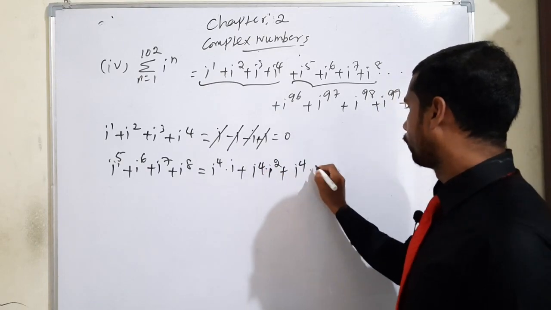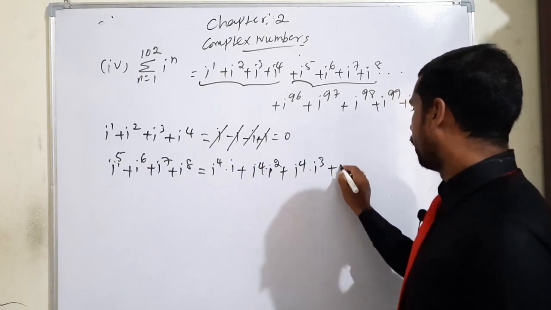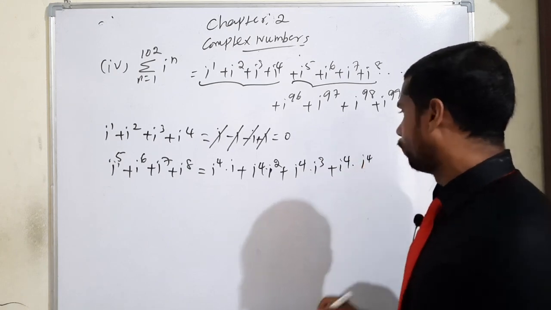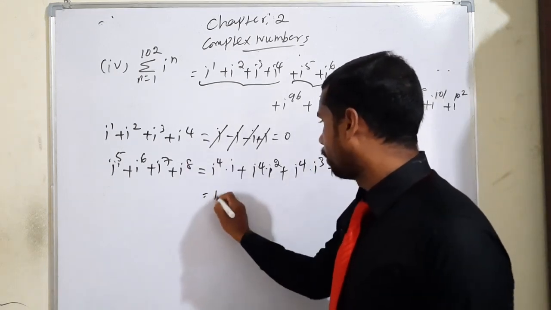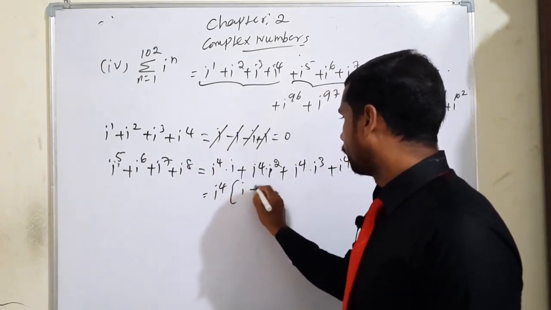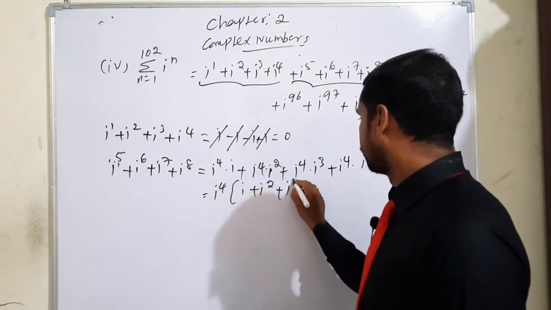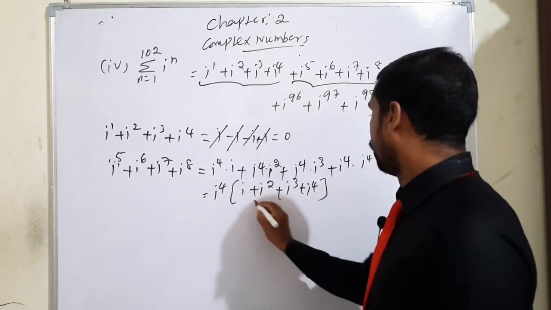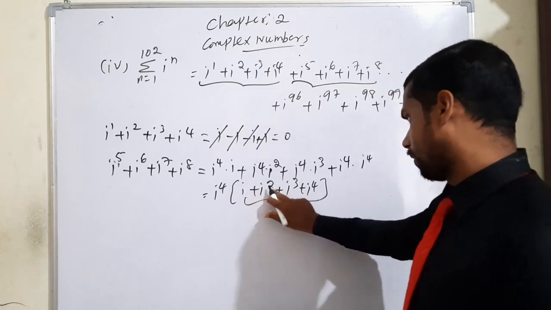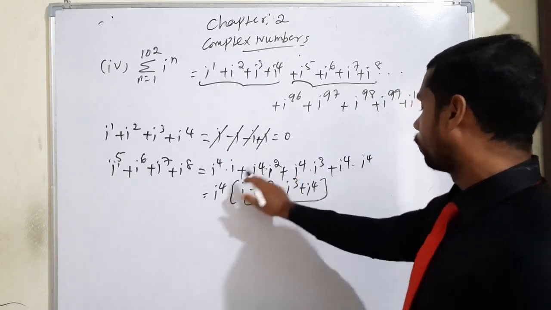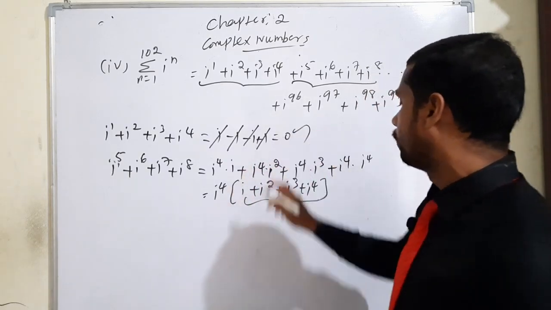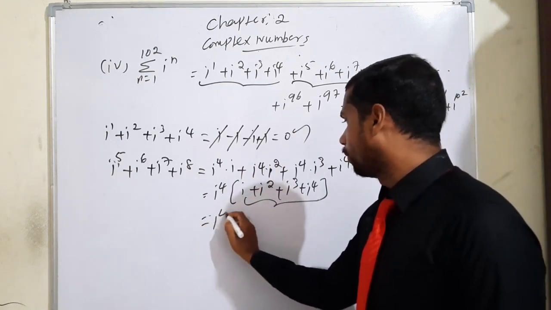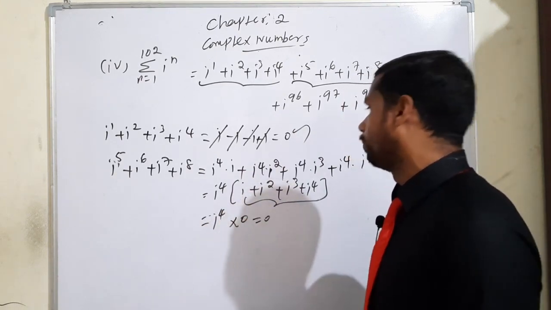Third one i power 4 into i cube, last one i power 4 into i power 4. Again i power 4 take common outside, means i plus i square plus i cube plus i power 4. Already we know the sum of these means the result 0. Therefore it is i power 4 into 0, means value will be 0.